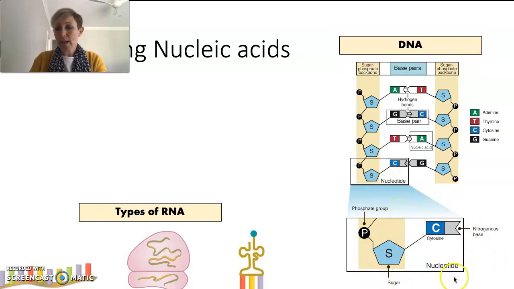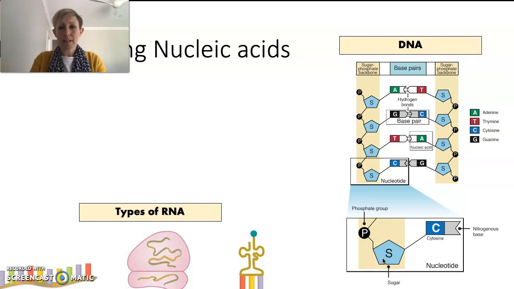Here down in the corner we have a diagram, a cartoon of a nucleotide, and you'll notice that a nucleotide is made up of a pentose sugar. So you'll notice it's a pentagon, 5 corners, 5 sides, and that sugar is deoxyribose in DNA and it's ribose in RNA.